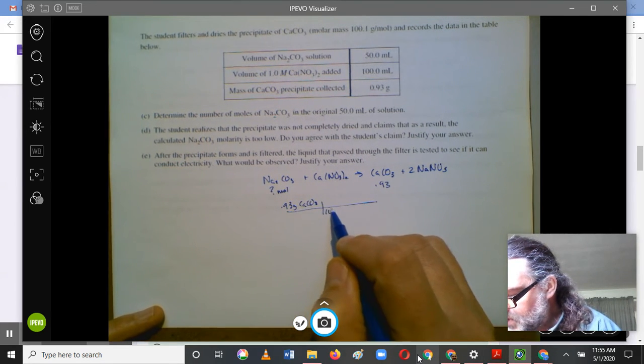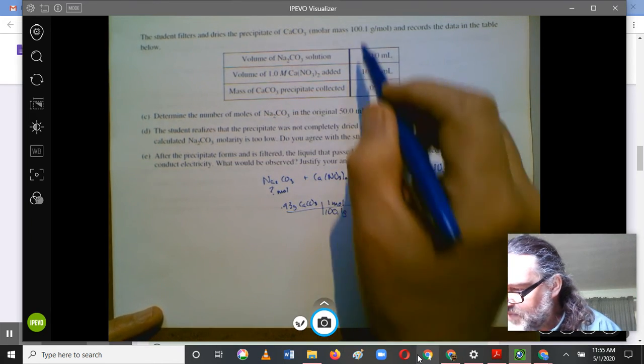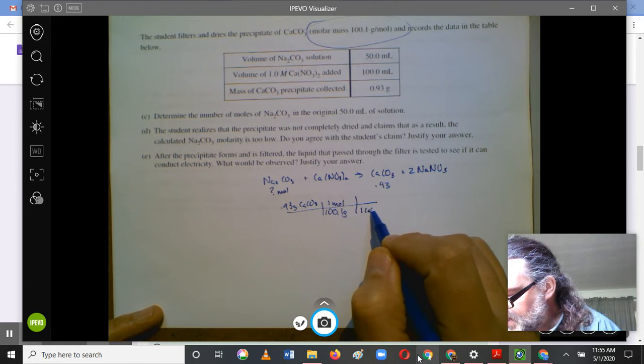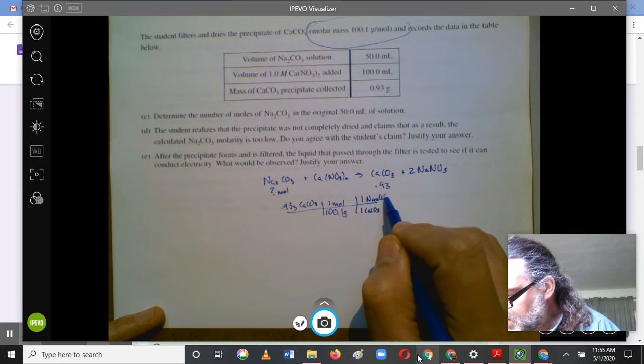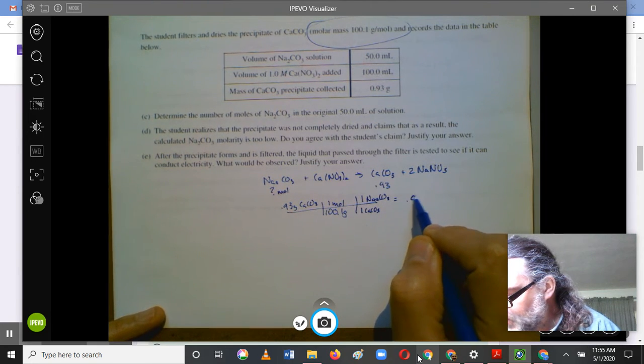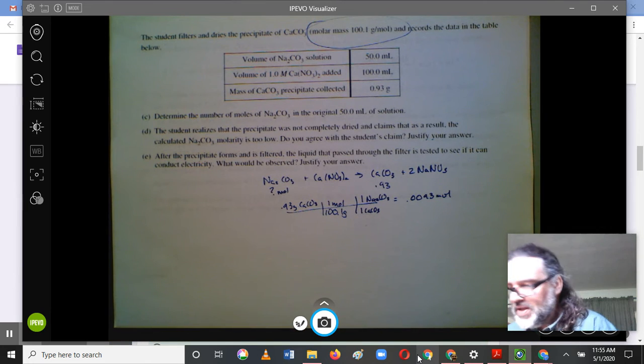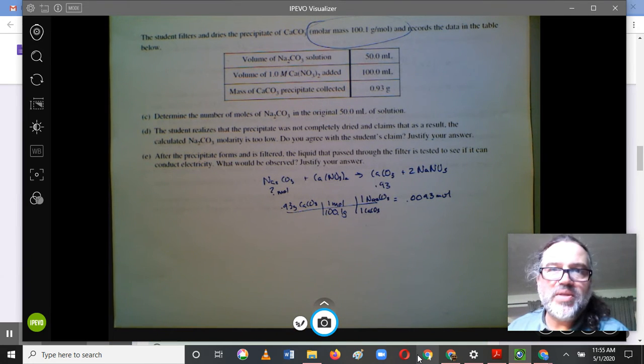We know that there's 100.1 grams in 1 mole. We were given that information right up here. And we know for every 1 mole of CaCO3, there's 1 mole of Na2CO3. We'd be able to figure out that there'd be 0.0093 moles of that. So you want to be comfortable with those types of calculations. I'm pretty confident we'll see something like that on the national exam.